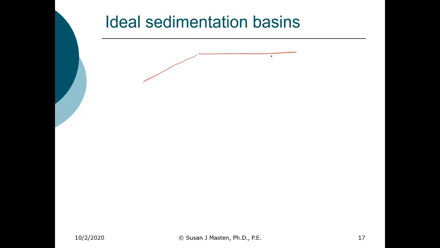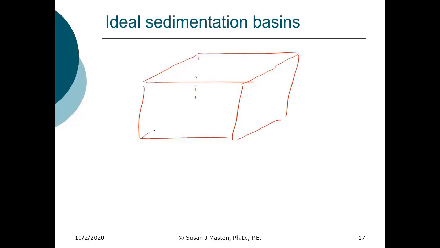But we have, so think of this as our sedimentation basin. And we'll draw it as a rectangle. We have some portion of that basin that is our inlet zone. So this portion here is the inlet zone. So in that, the particles come in.